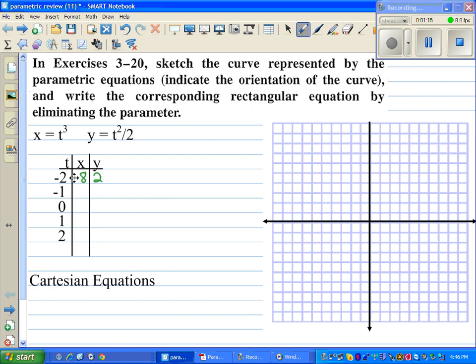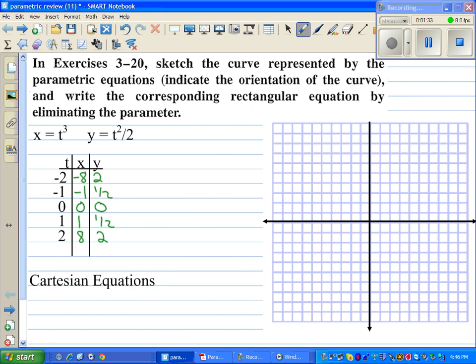Plugging -1 in for t to the third will give us -1, and for y will give us 1/2. 0 gives us 0, 0. 1 gives us 1, 1/2, and 2 gives us 8, 2.